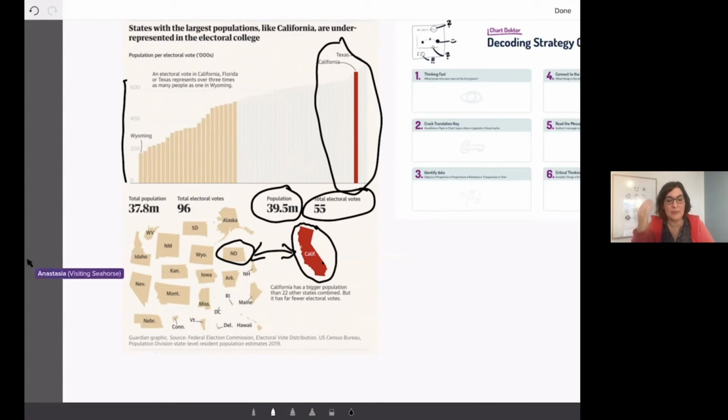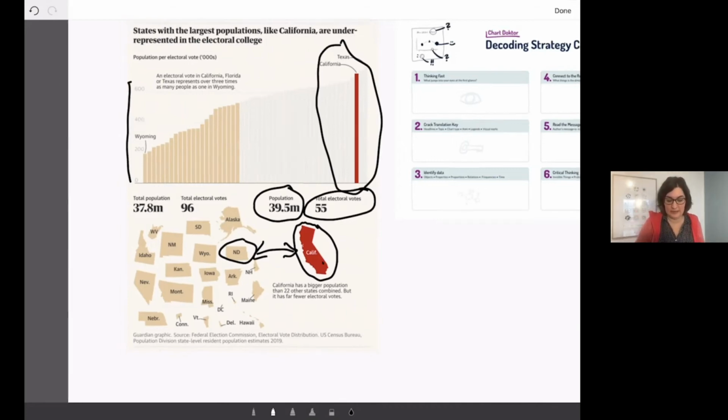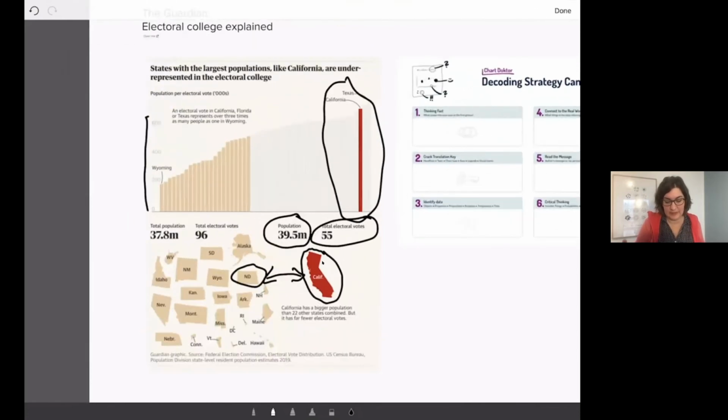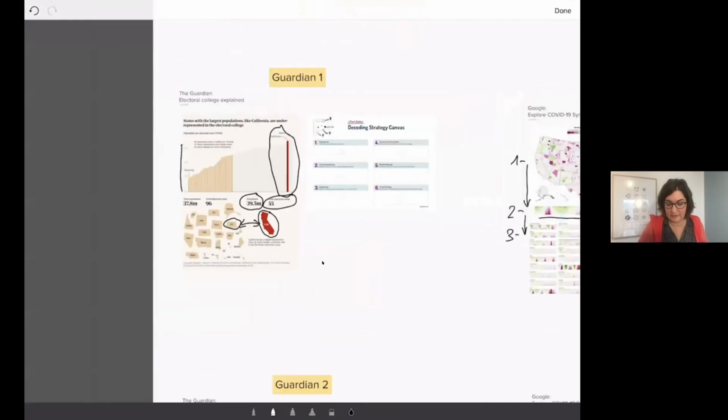It's maybe unfair to ask what's the message, because that's a chart within a journalistic article in the newspaper, and probably they put the message in the text and not in the chart. But yeah, the message is that largest population states are underrepresented in the electoral college. Not sure if this is true, but that's the message I get from this chart.